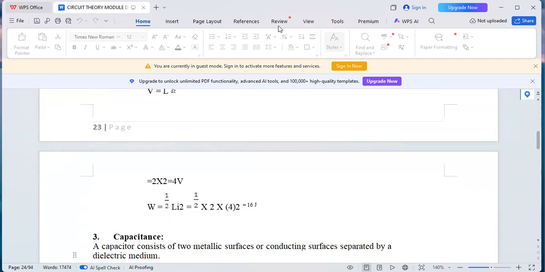Then we can also use this formula. We can continue by saying 4 volts, whereby W, the energy, is equal to 1 over 2 Li squared.